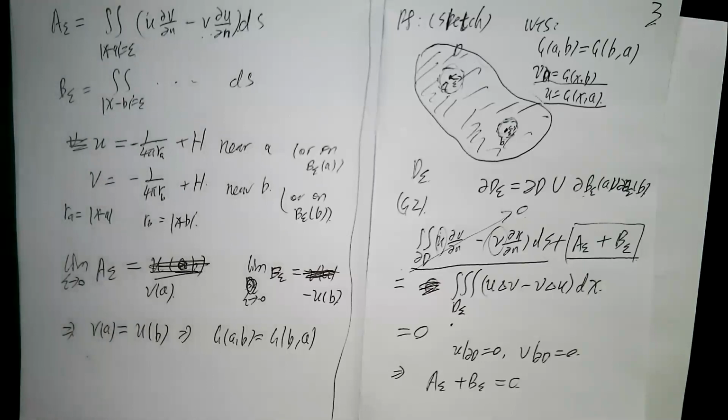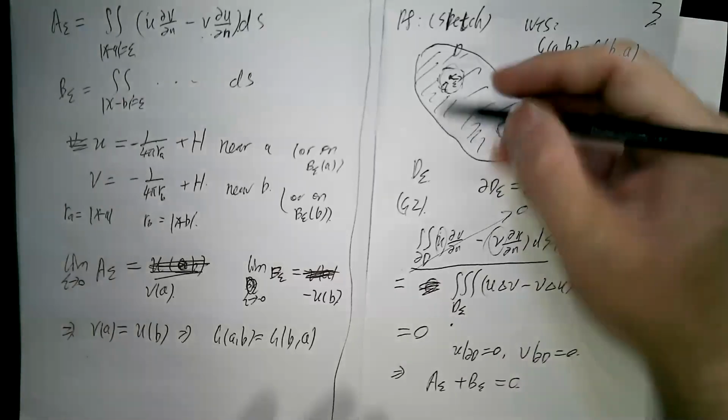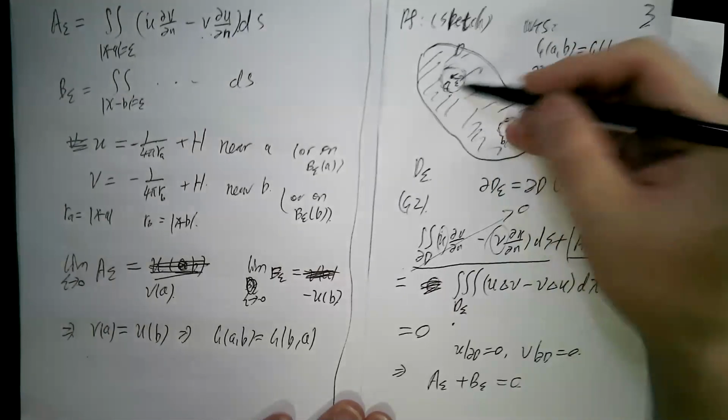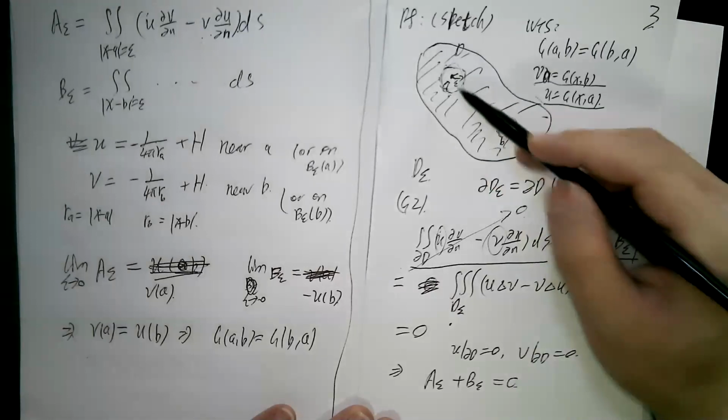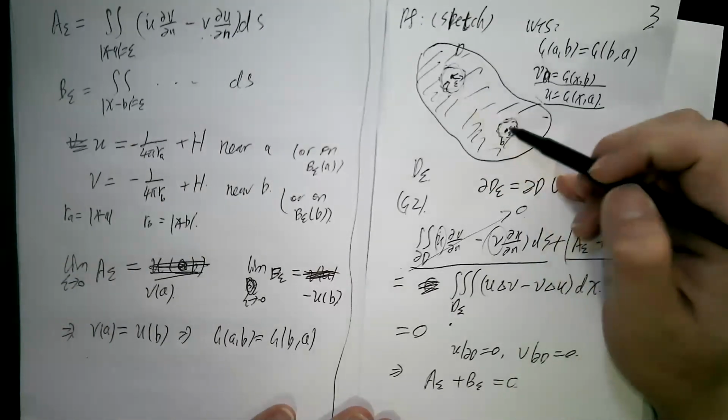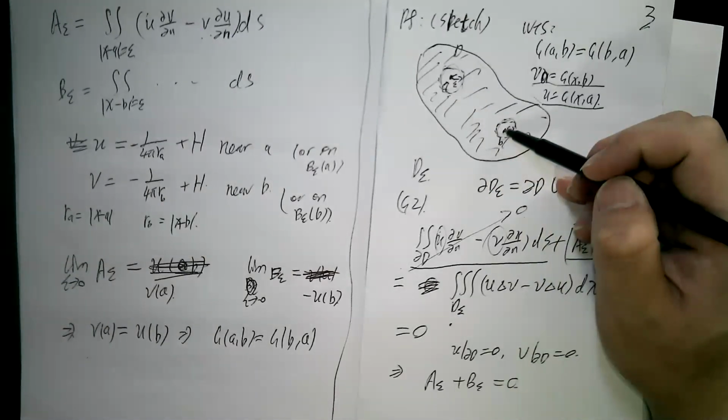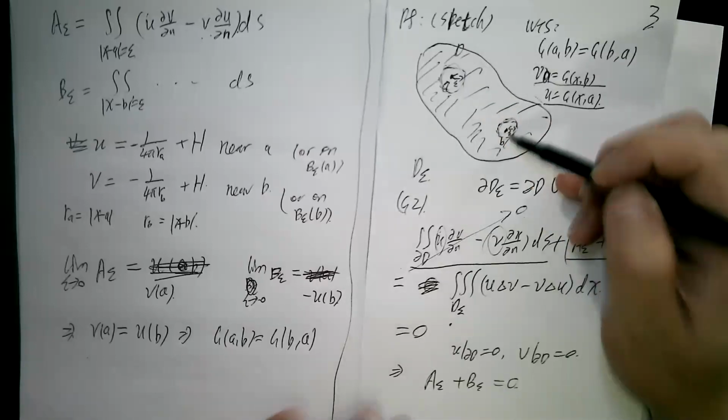So you can prove that the electric potential given by this point b at a is actually the same as the electric potential given by a at point b.